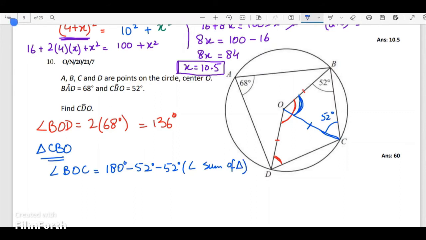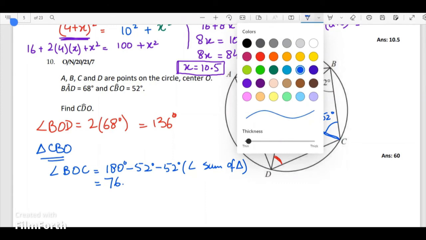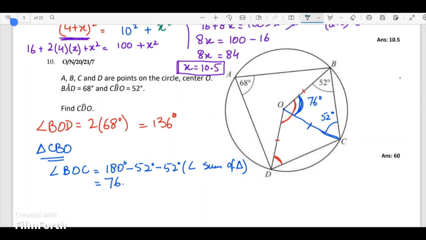So we get 180, take away 52, take away 52, we get 76 degrees. So this is 76 degrees. This whole angle that I have marked with red was 136 degrees. So if I subtract 76 from 136, I would get this angle.